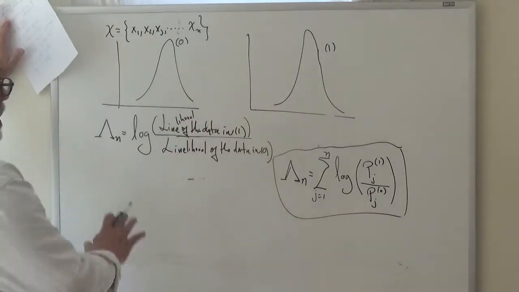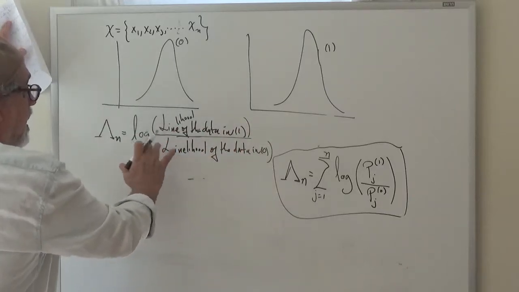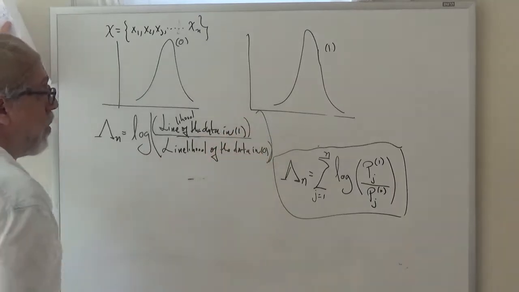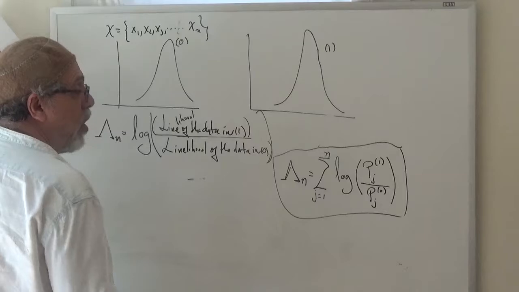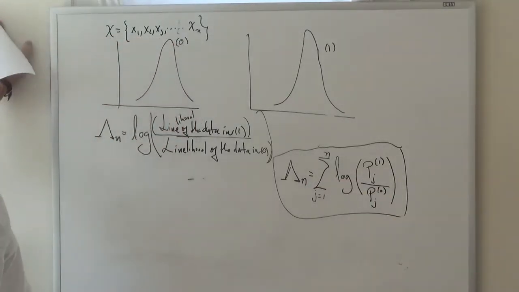It's the log of the likelihood of the data in 1 divided by the likelihood of the data in 0. Log of that ratio. And when we do the math, we see that we can calculate it as simply the sum of the logs of each one, right? Probability distribution j in 1 or probability distribution j in 0.